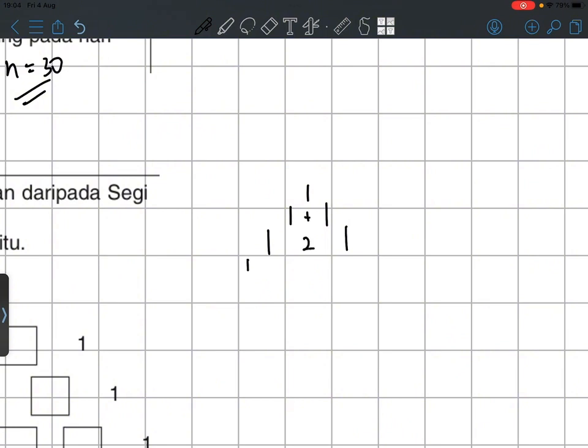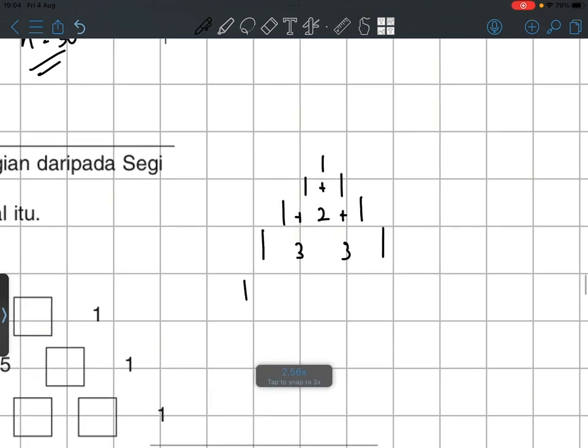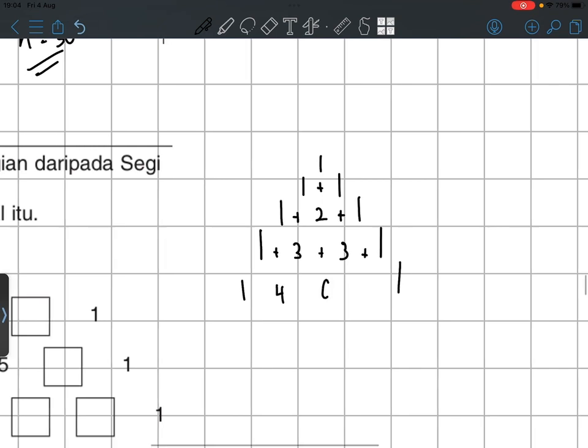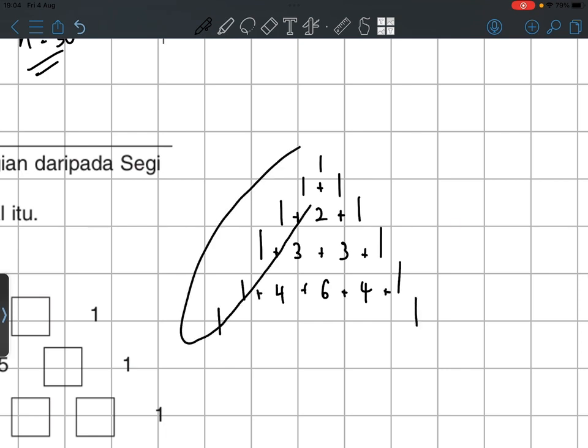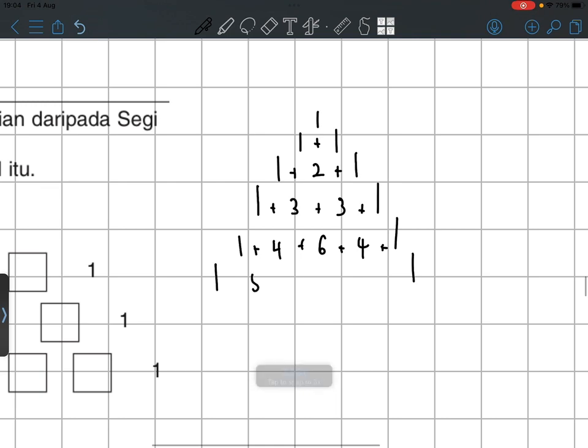We have 2, and then 1, we add these, we have 3, and 1 again. Then we add these: 1 plus 3 is 4, this is 6, this is 4. The 1 is always on the side of the triangle. Okay, so this is 5, this is 10, this is 10, this is 5.